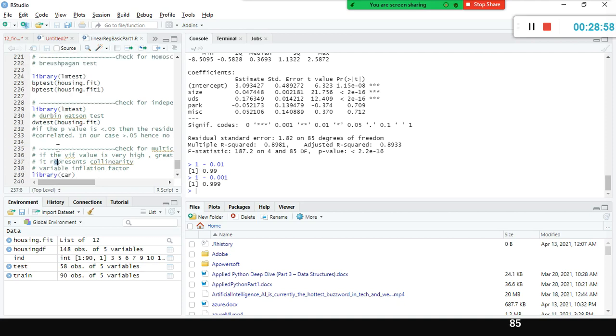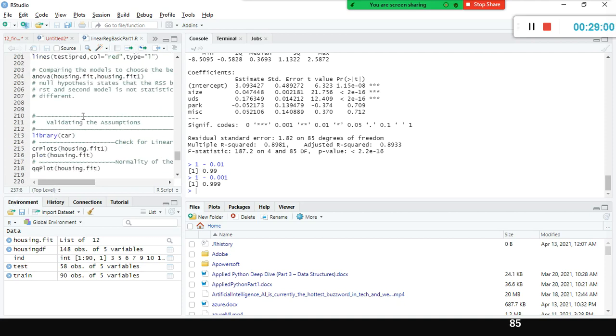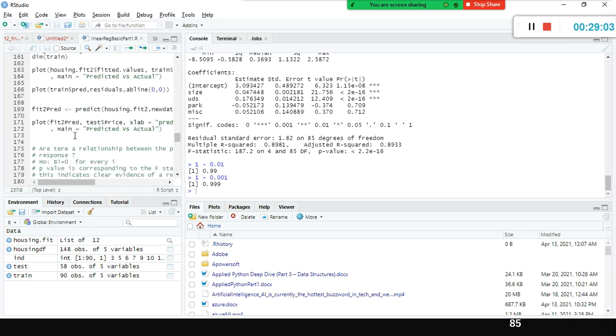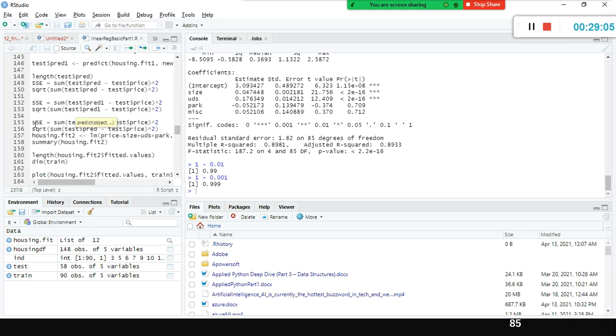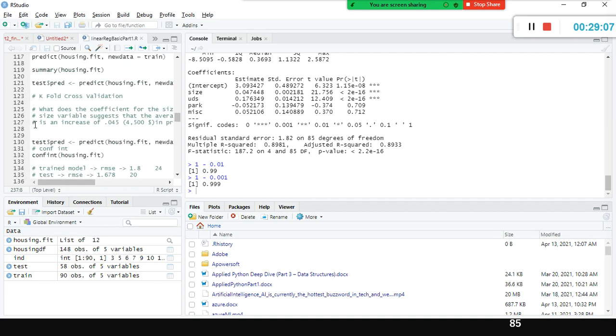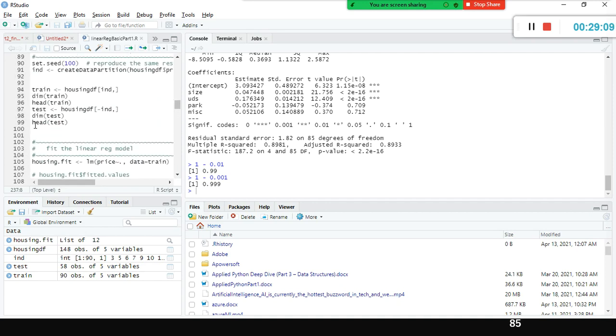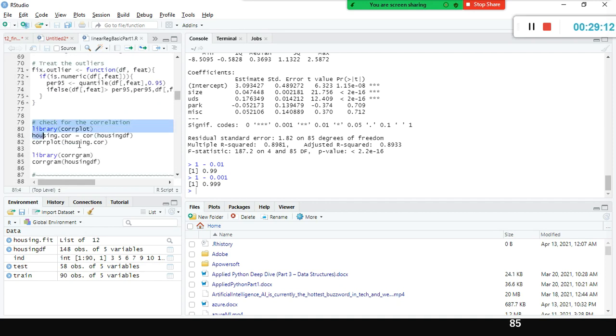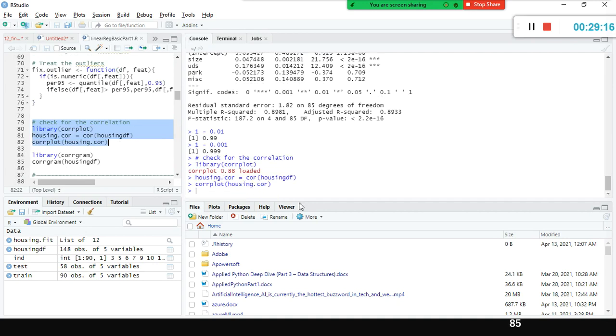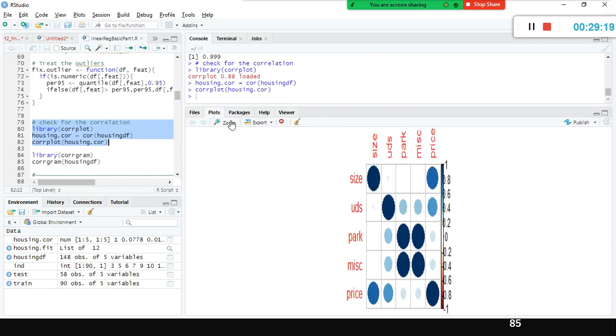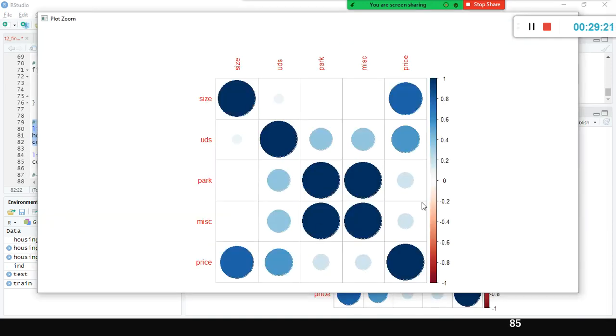I'll just plot it once again. See, Park and MISC, on the left side. These two are highly correlated.